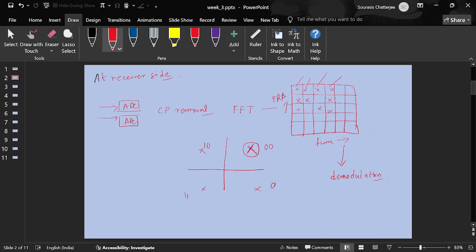What I am trying to say, at the transmitter side for this particular grid point here, I have transmitted 00. So at the receiver side, after performing the FFT, when I look at the symbol here, is it going to be the same in the constellation diagram?